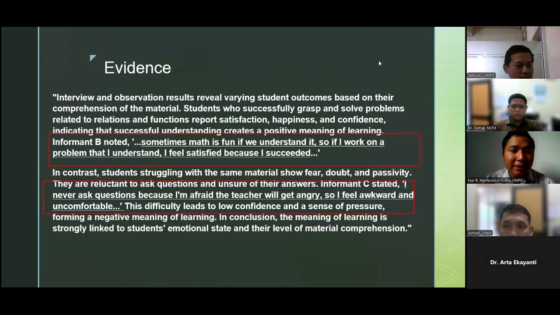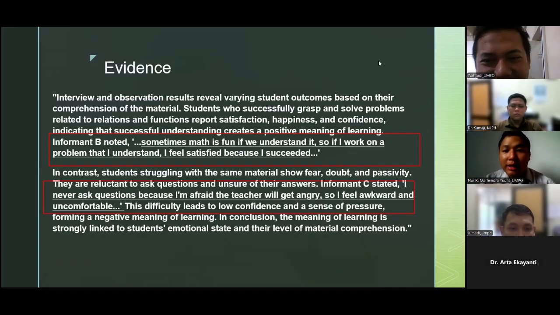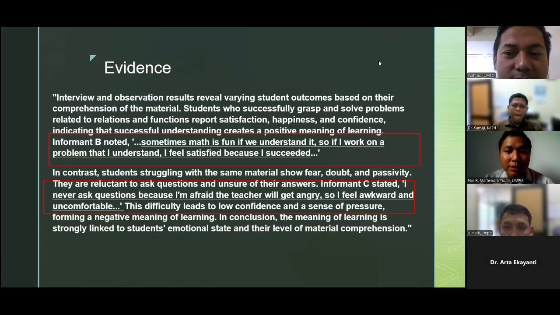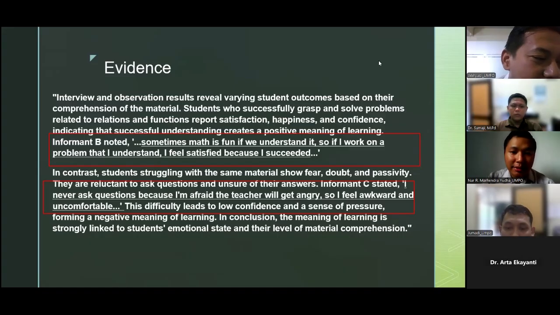So here's the evidence when we look at the data itself. Interview and observation results reveal varying student outcomes based on their comprehension of the material. Students who successfully grasp and solve problems related to relations and functions report satisfaction, happiness, and confidence, indicating that successful understanding creates a positive meaning of learning.